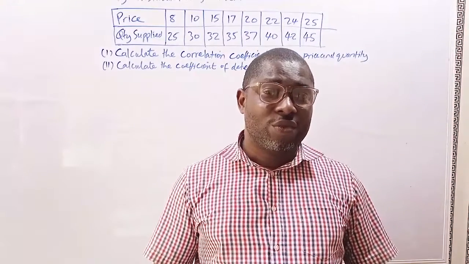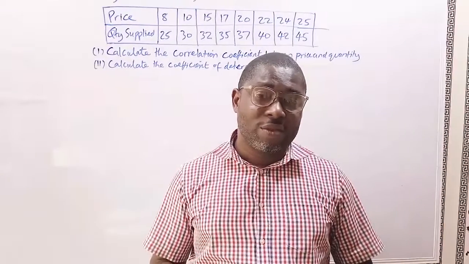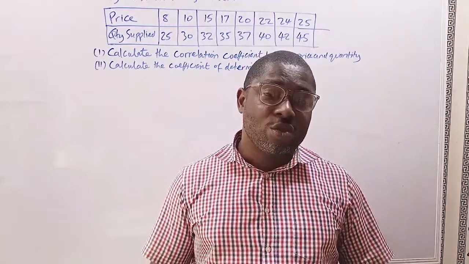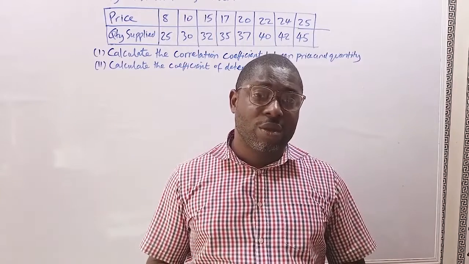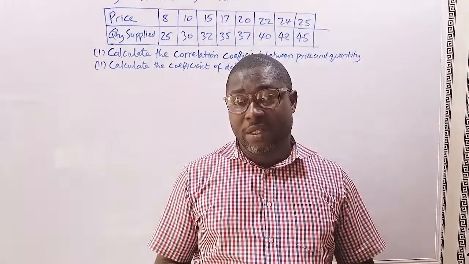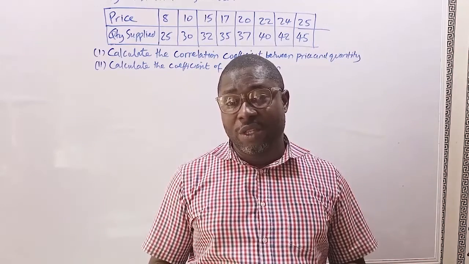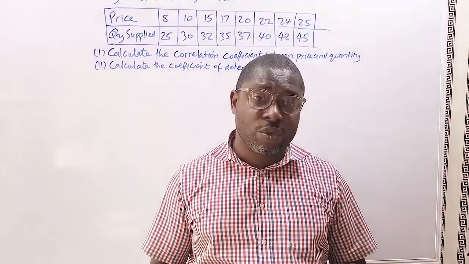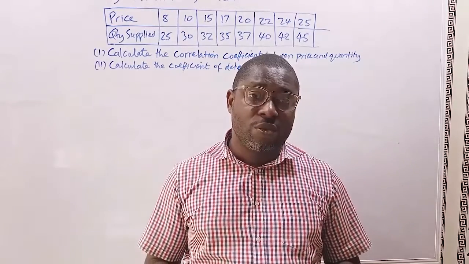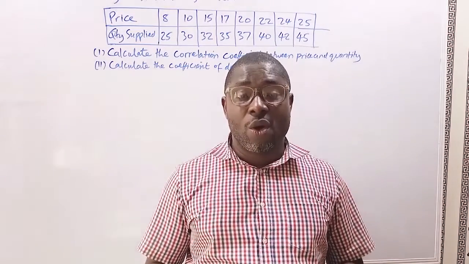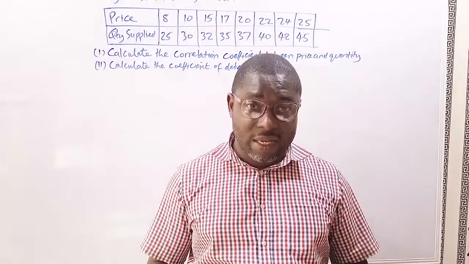Hello everyone, thank you for joining me once again on my channel. Today we are going to start a new series which will be looking at calculating and determining the correlation coefficient of the relationship between two variables. When we intend to find a relationship between two variables, we call that bivariate analysis.